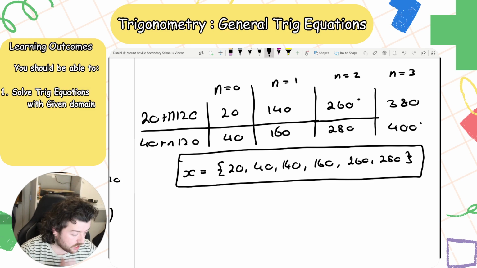And if you open up your calculator now, hopefully I can. So if you put these in your calculator, if you say sine 3 times 20, you should get root 3 over 2.